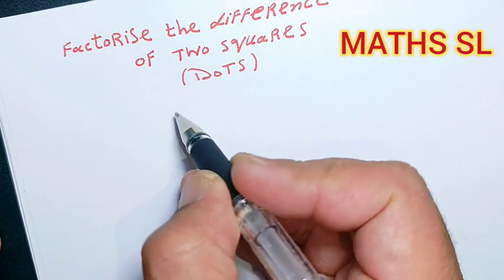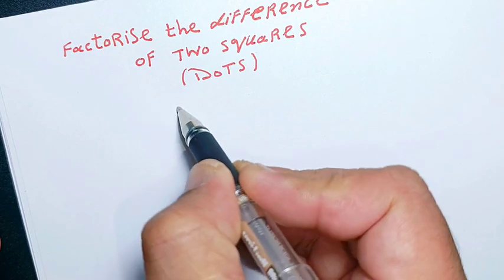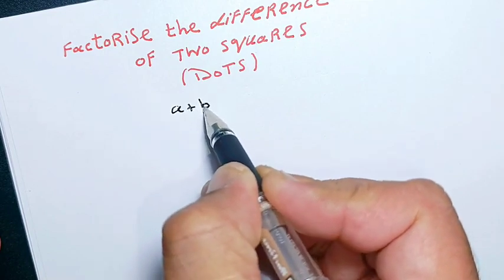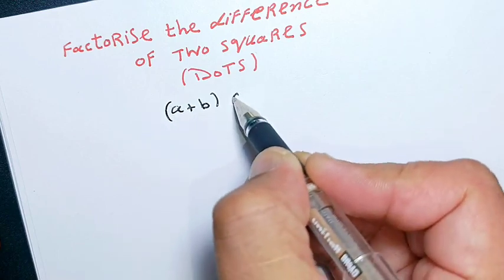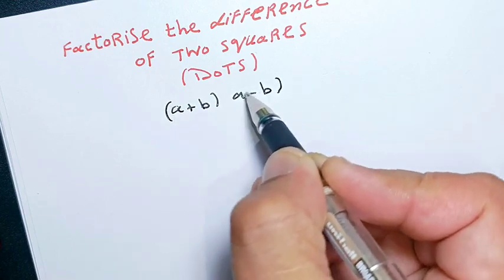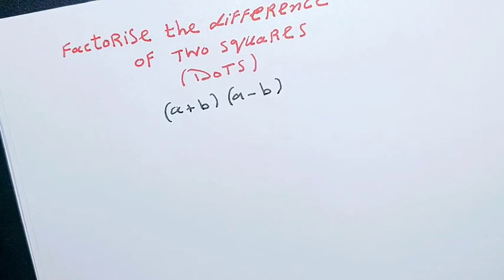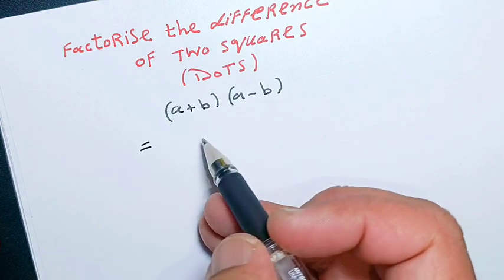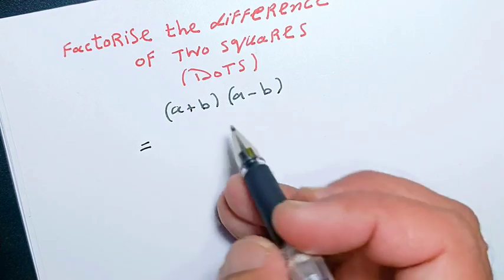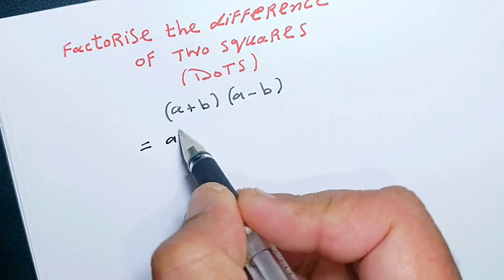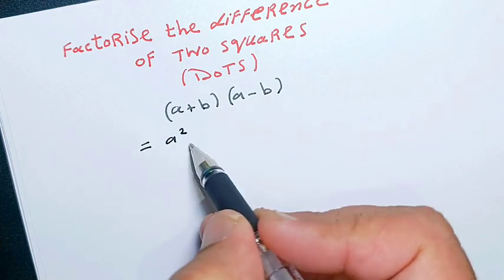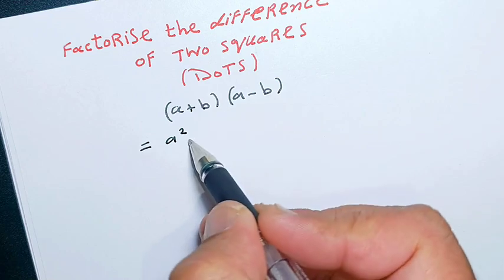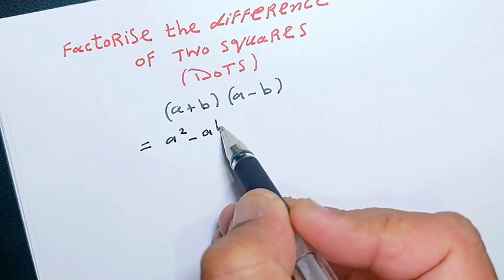Say we have the product of a plus b and a negative b. If I have to FOIL this one, a times a is going to be a squared, and a times b is minus ab.